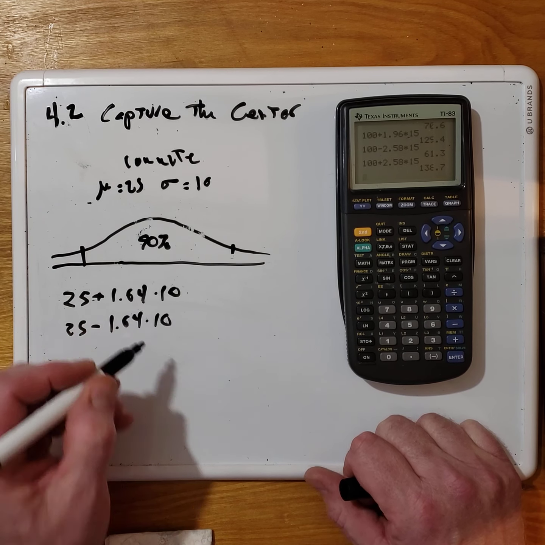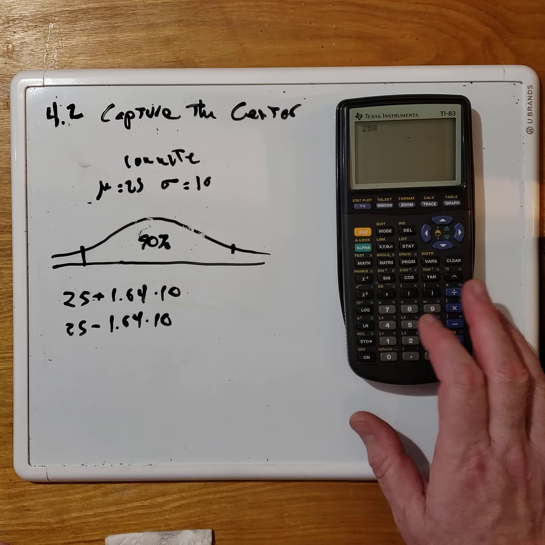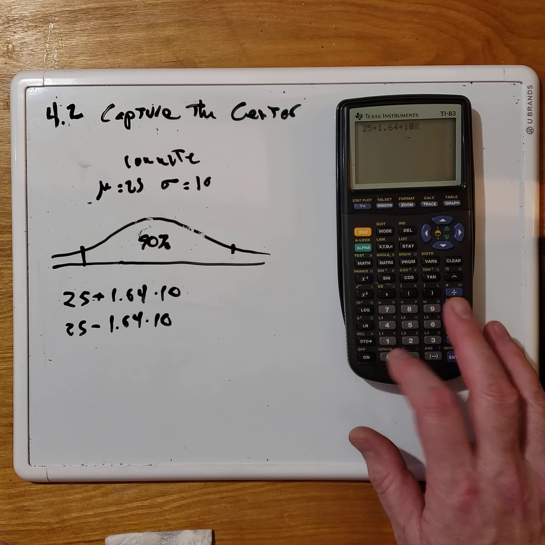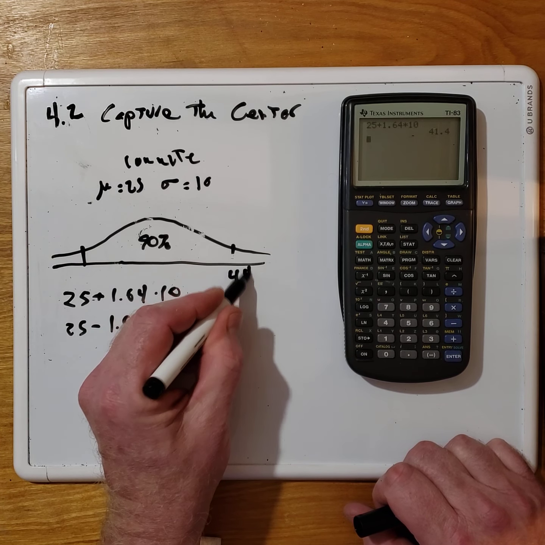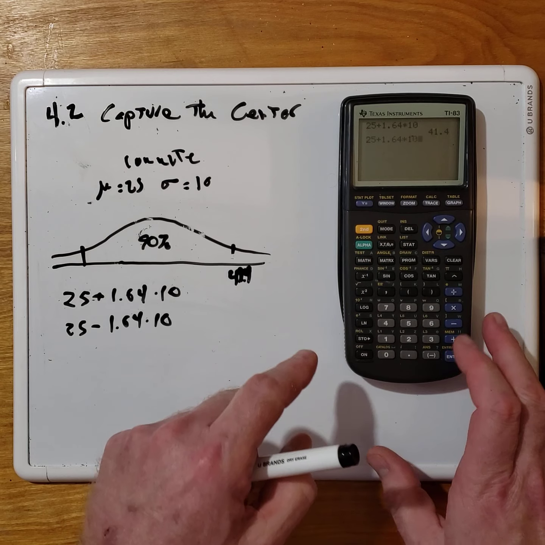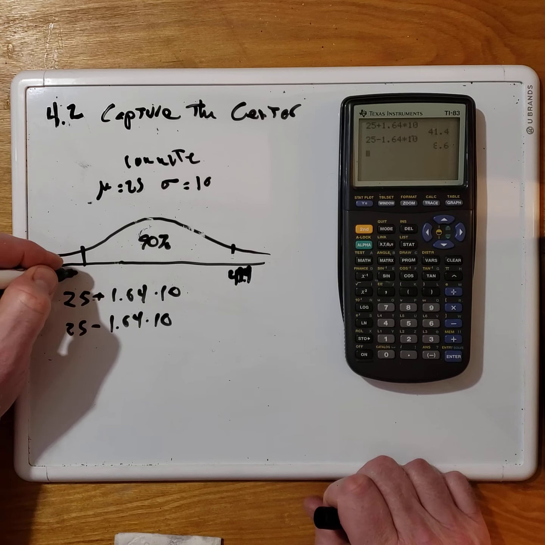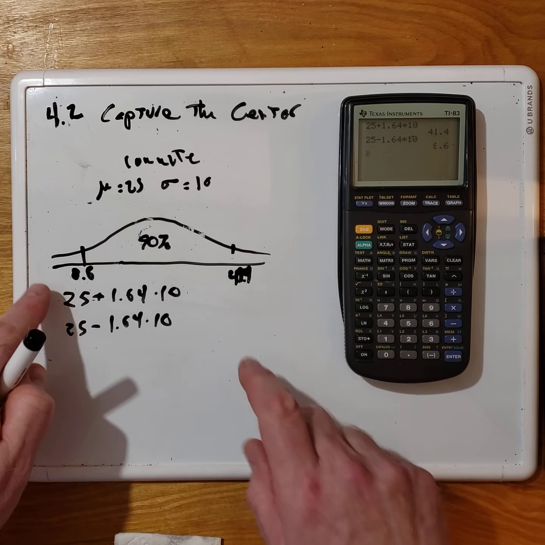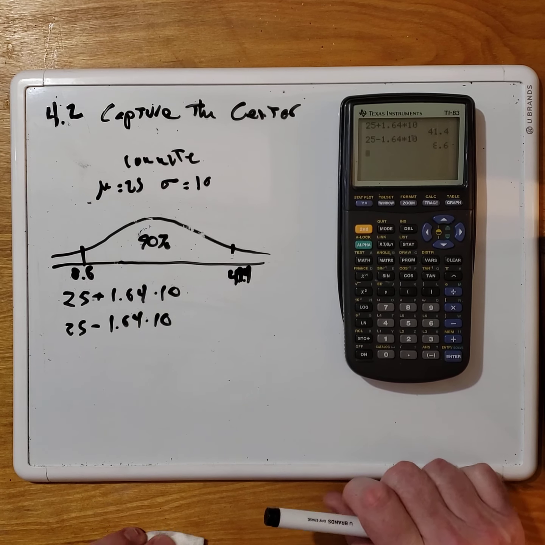This is very much like finding that expected range of outcomes that we talked about in the previous unit. 1.64 times 10, and that gives us an upper time of 41.4. And 8.6. So we'd say 90% of Jeffco students have a commute time between 8.6 minutes and 41.4 minutes.